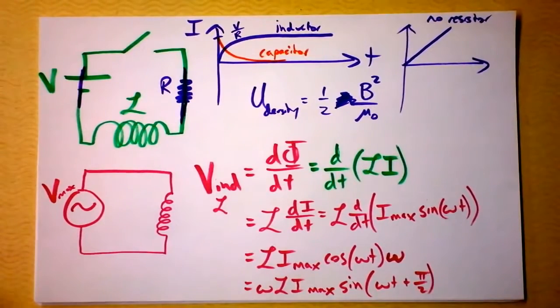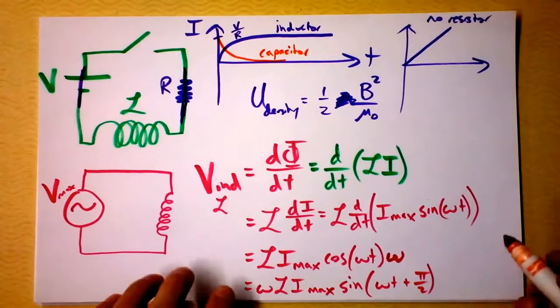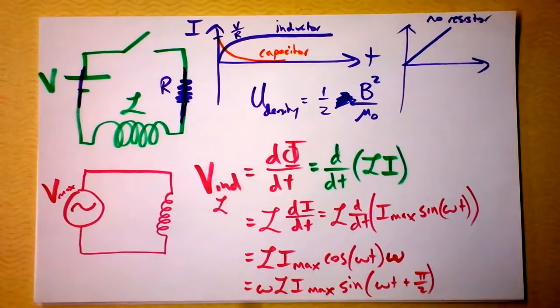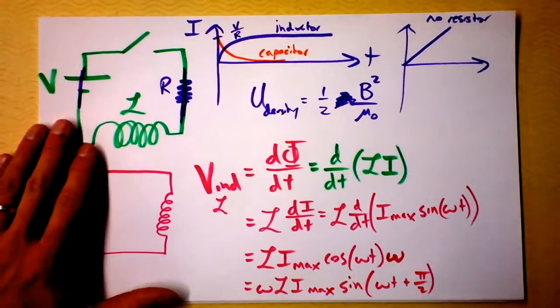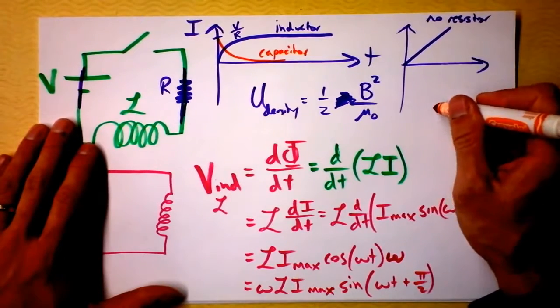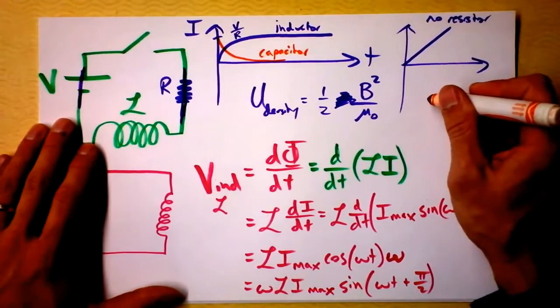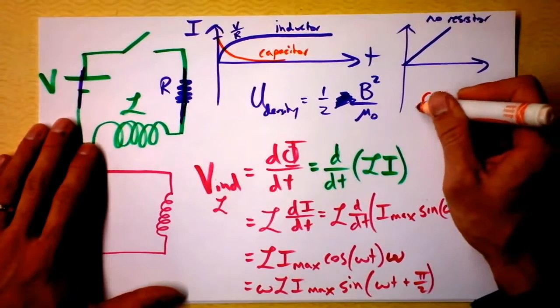I want to remind you that the capacitor had a very similar sort of structure. As I recall, the voltage on the capacitor, let me see if I can remember that just off the top of my head. I think it had something to do with omega, but omega was in the denominator.